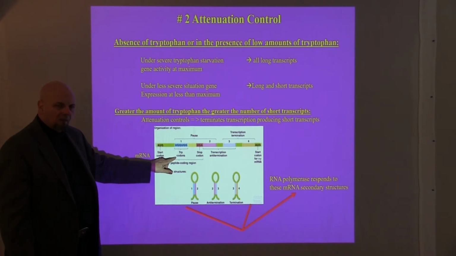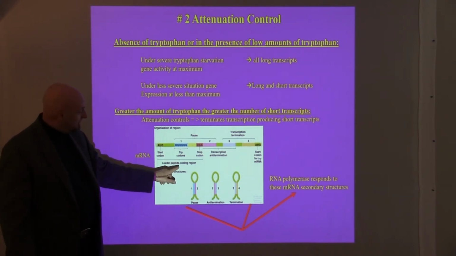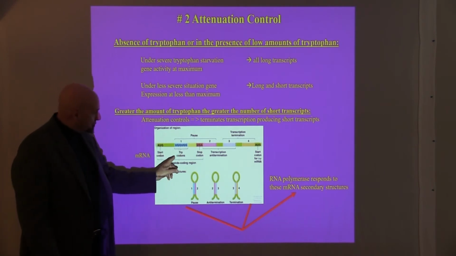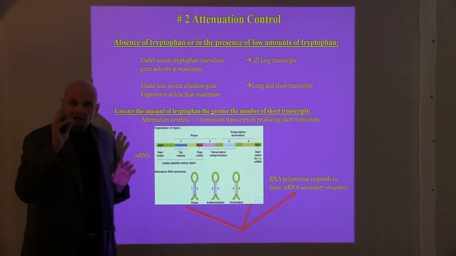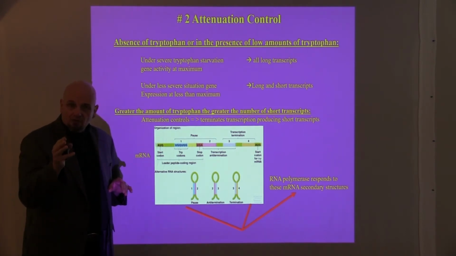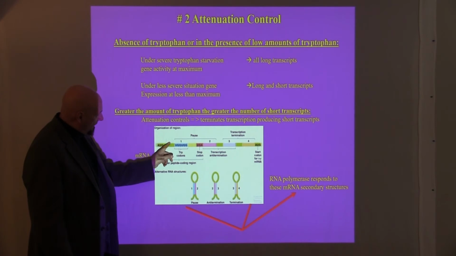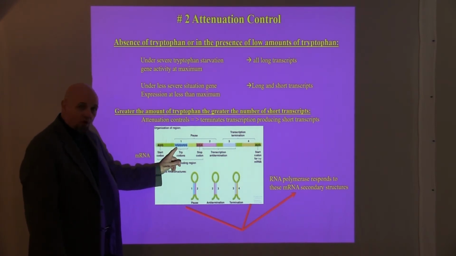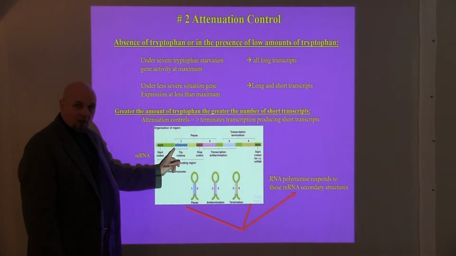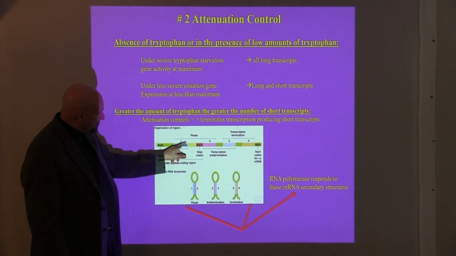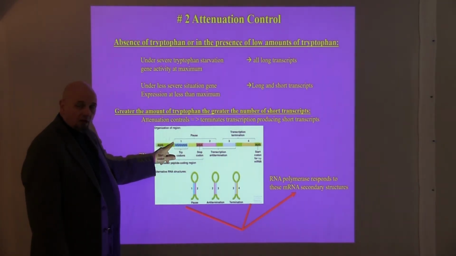Well, let's think about that. Tryptophan codons. That means that this is where the transfer RNAs that have tryptophan linked to them are going to come in to allow for a very short peptide to form. But if you don't have any tryptophan-charged transfer RNAs, then as the ribosome comes along to here, the ribosome is going to stop at this region we call region 1 of this leader.